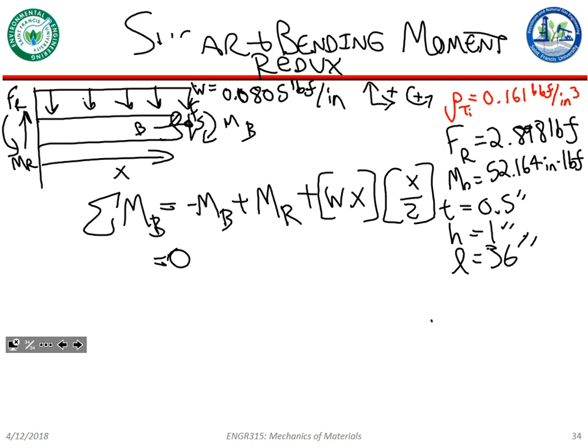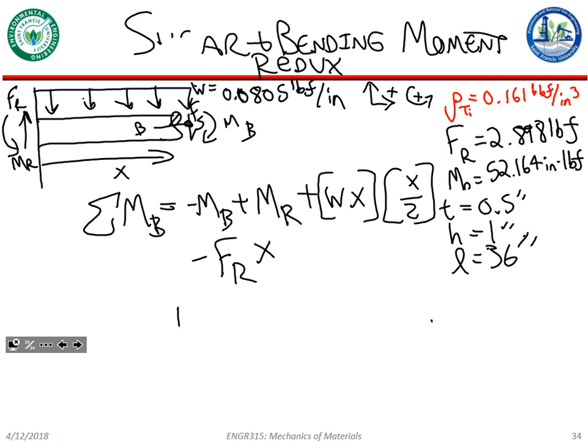Which, if you look ahead, I missed one. Fr makes a moment around this too, right? Because it's a force acting at a distance. So we have to account for that. It's a moment in the negative direction, so like FrX. And that's all the bending moments going on here.